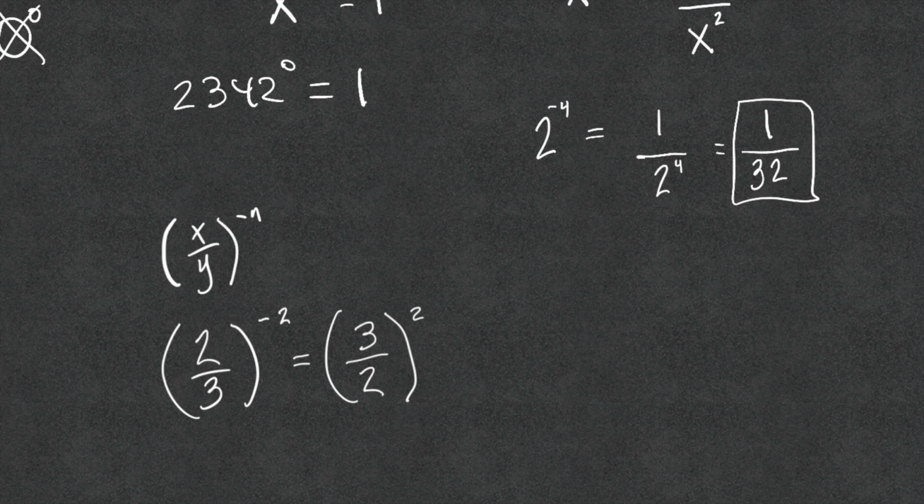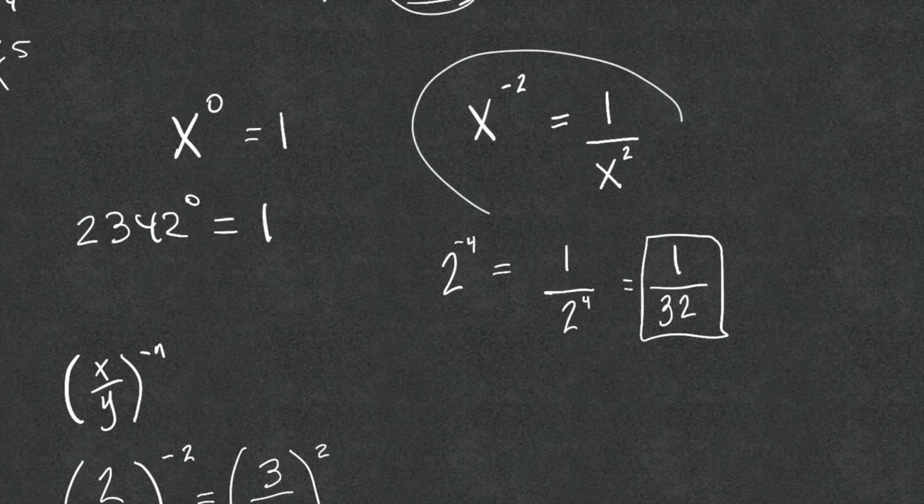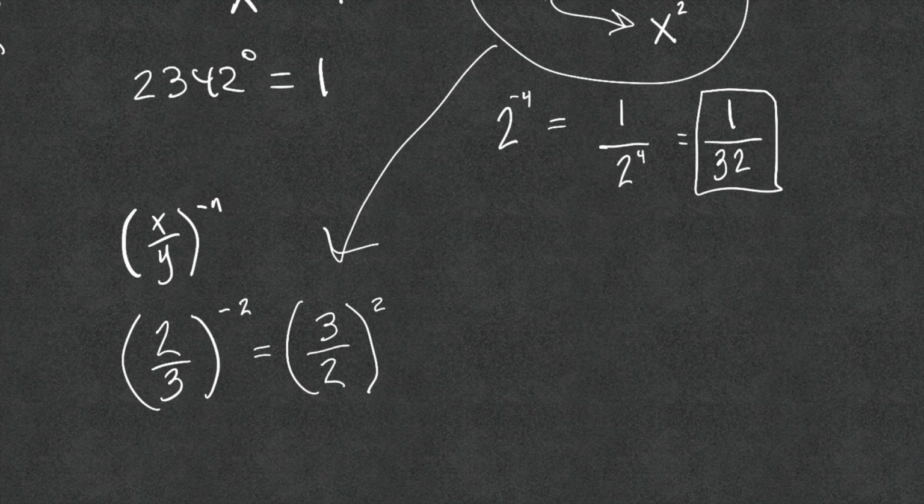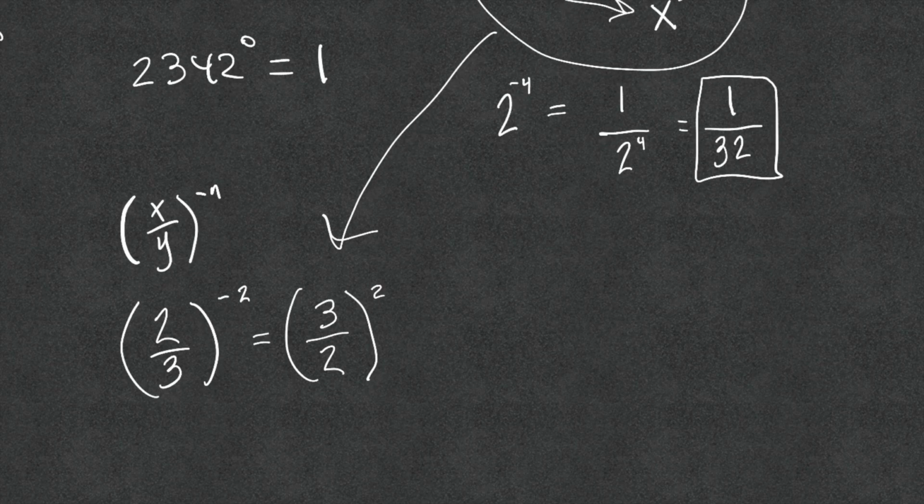So think about this. What's happening, right? The x goes to the denominator. Here, the 2 goes to the denominator, and 3 moves to the numerator. And that makes it a positive exponent.